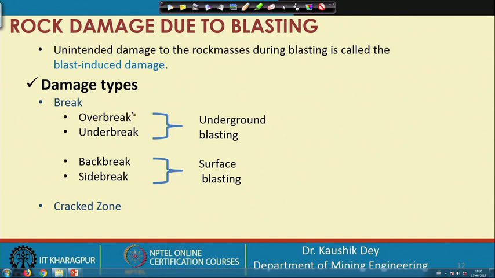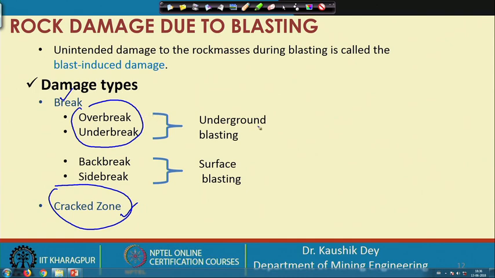classified in two groups, either it is a breakage or it is a crack. If the breakage occurs, that means it is excavated, it is dislodged, the rocks are taken out, excavated out from the rock mass, or some cracks are generated in the rock mass, that may also occur. So, the damage may be classified either as break or as crack.